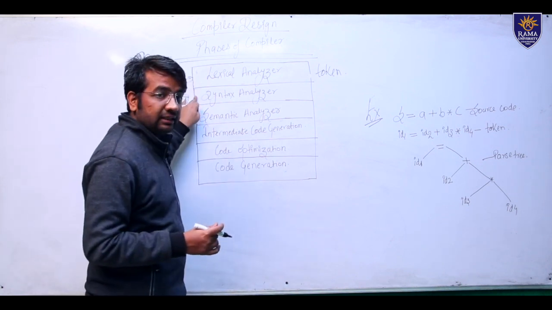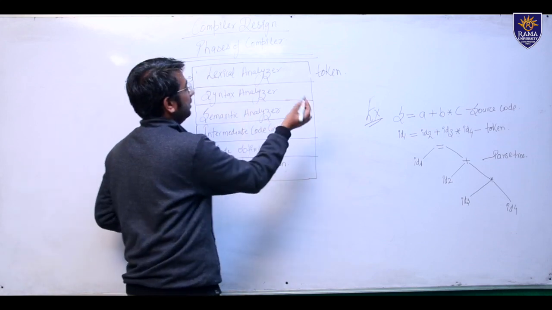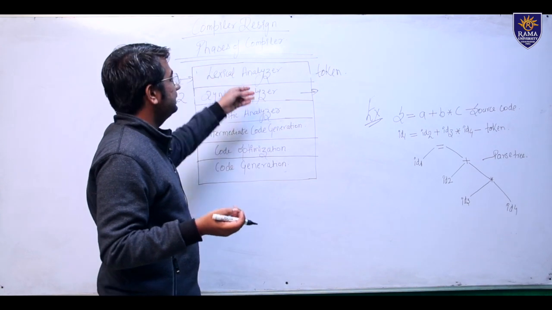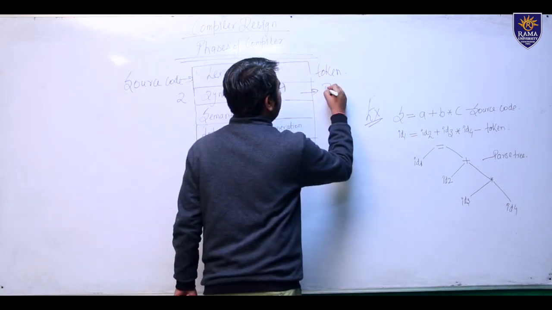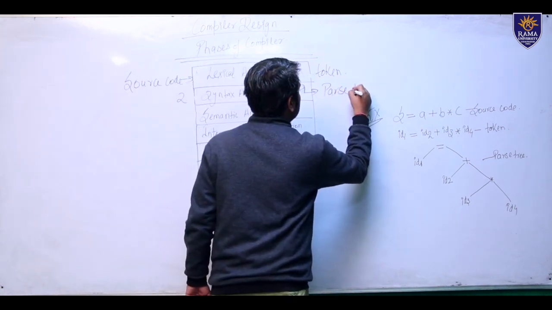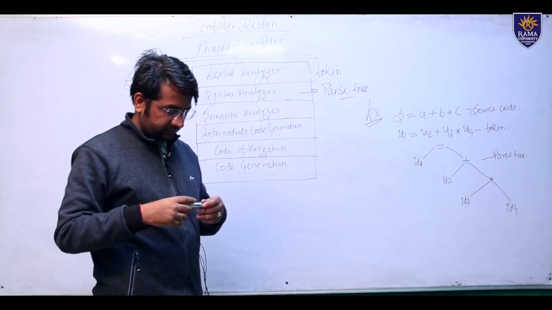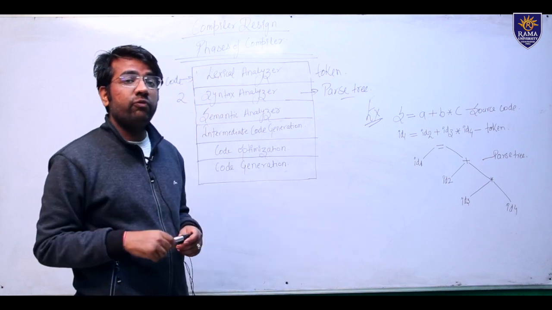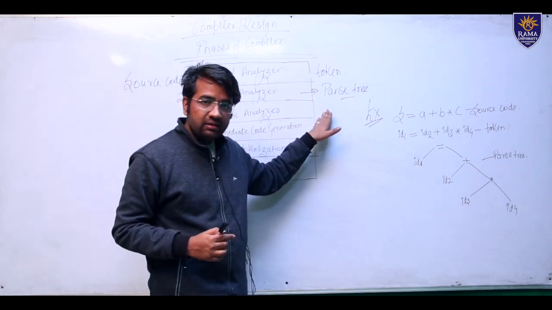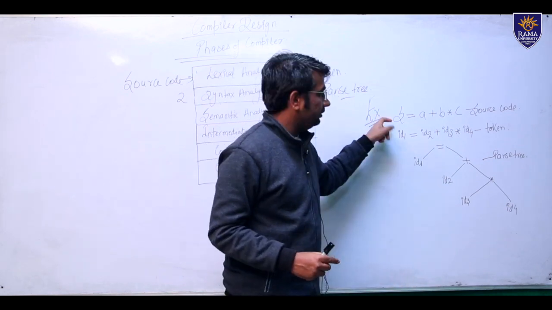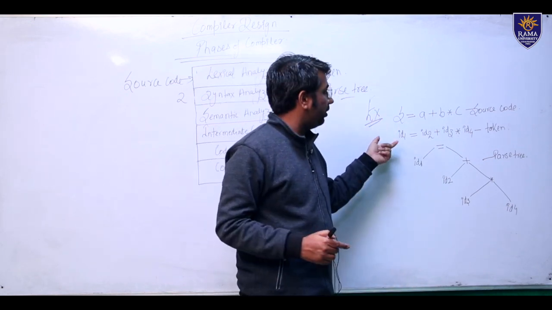In the second phase, we convert the tokens coming from the lexical analyzer into the parse tree. As we learned in the theory of computation about the parse tree, the source program is converted into the form of tokens.